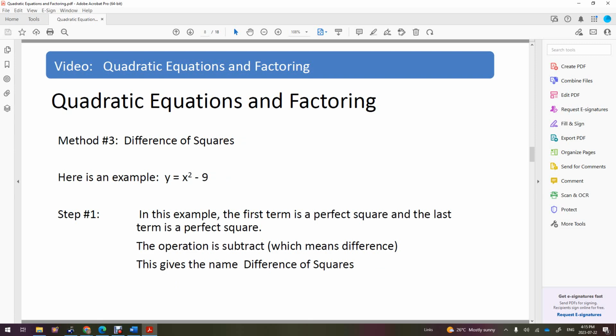Here's another example that looks like something we could do easily. This is called the difference of squares. In this example, you can see that x squared is a perfect square and 9 is a perfect square.